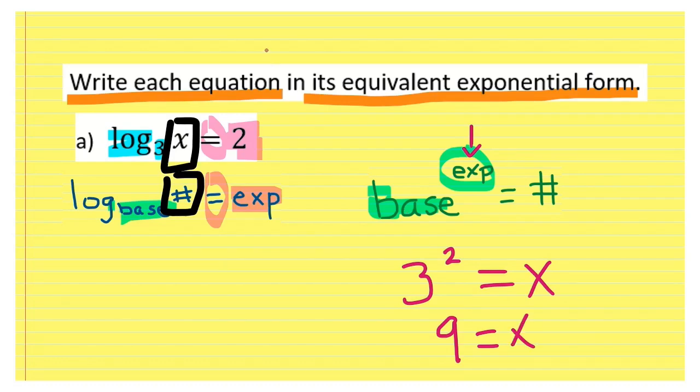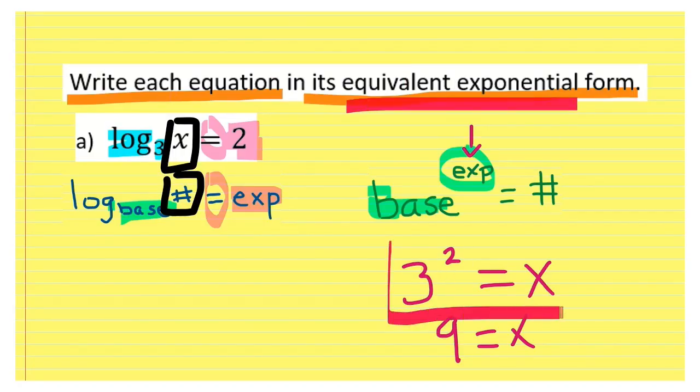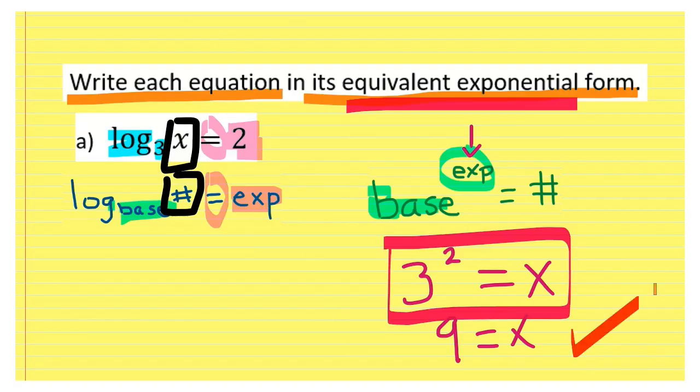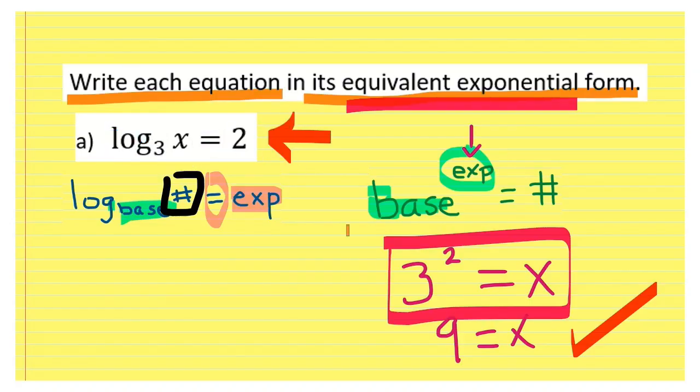So even though our instructions didn't tell us to solve it, we did just solve it. Writing the equation in its equivalent exponential form is right there. That's the answer to the question. But we went one step further and we actually solved it. So if they come back later and ask us to solve this, we know how to solve it right there. Okay?